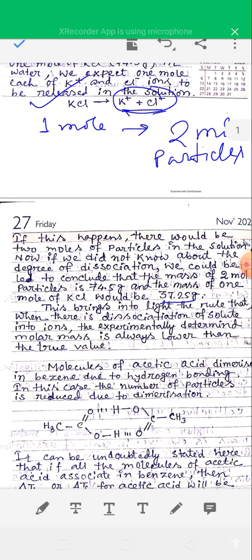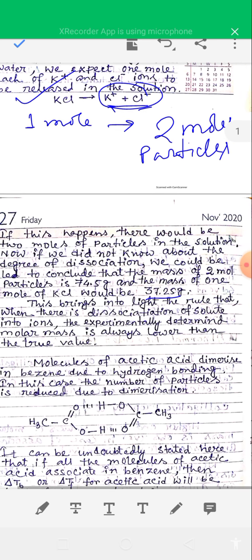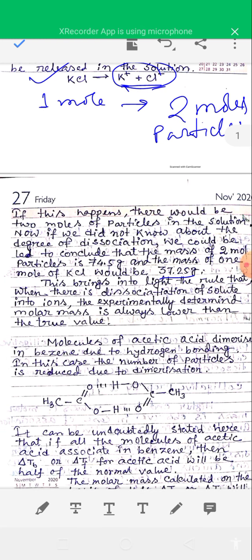So there would be 2 moles of particles in the solution, and if we did not know about the degree of dissociation, we could be led to conclude that the mass of 2 moles of particles is 74.5 gram, and the mass of 1 mole of particles would be 37.25 gram, but the actual mass of 1 mole of KCl is 74.5 gram.